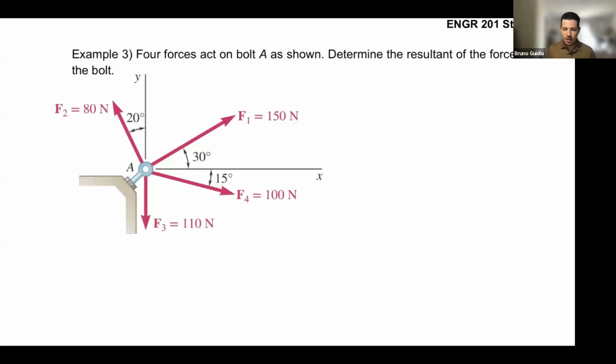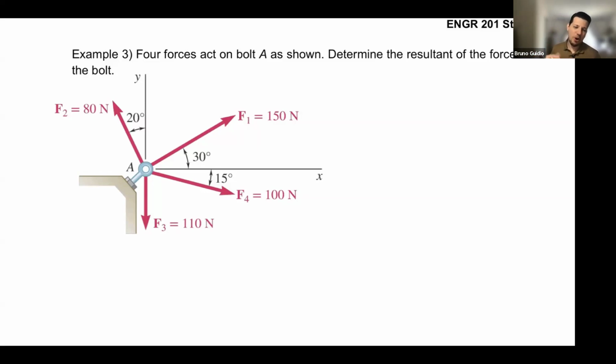Okay, so right now we have four forces acting on point A. We need to find the resultant of the forces, meaning once we sum all those forces going to the right, going to the left top, going down, going to the corner, down, we have four forces. But what is the resultant? What is the resultant of those forces and in which direction are they pulling it? Okay. How can you find it?